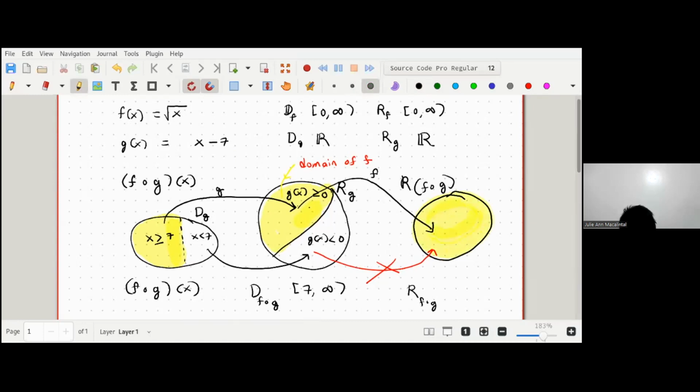So we know that as long as g is positive, yung g can take on all possible values dito, kasi x is greater than or equal to 7. So ang f circle of g is just going to be everything here. So ang range ng f circle of g is going to be still 0 to infinity.